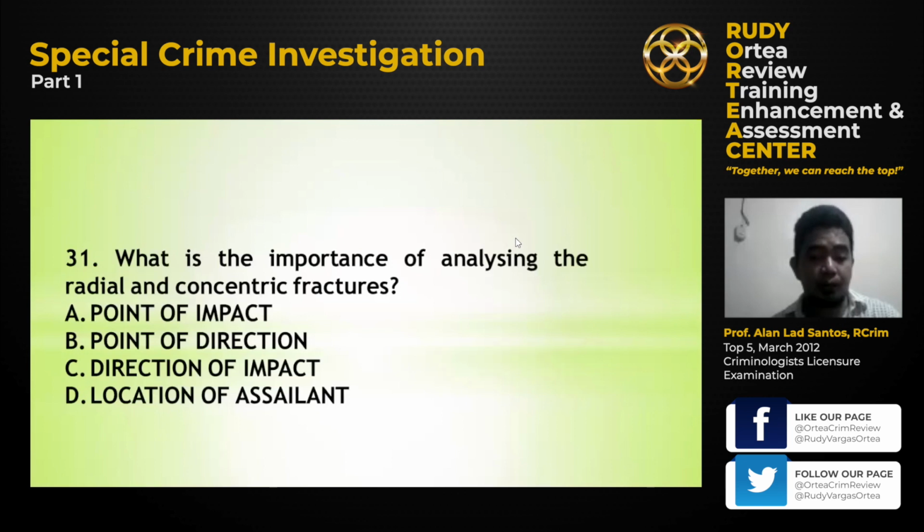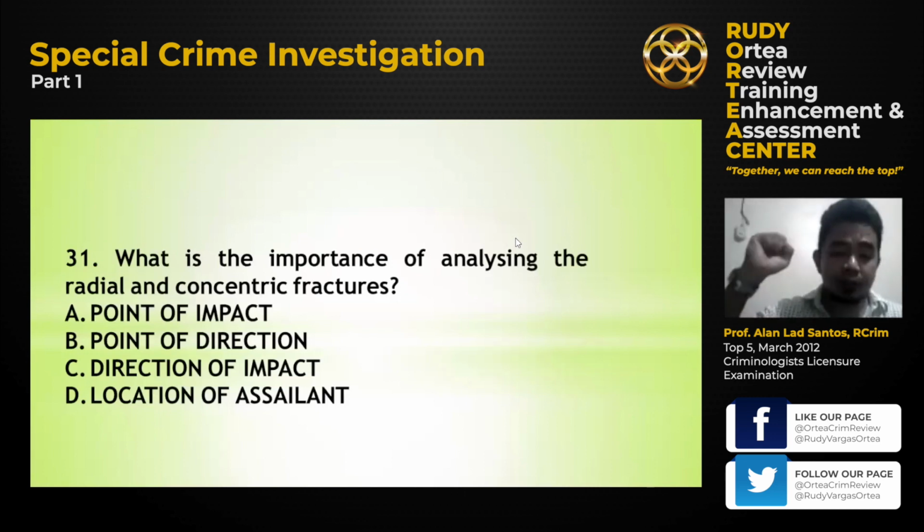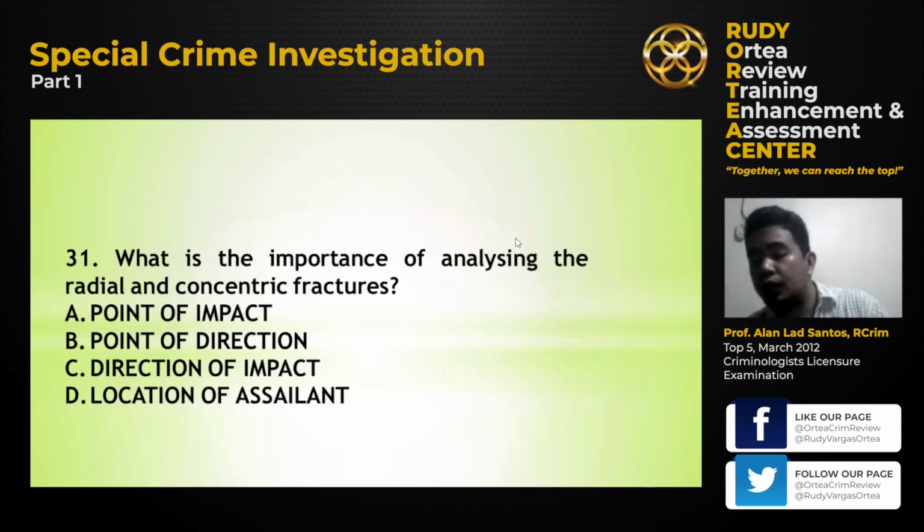Ang ginawa, binasag mula sa loob ng bintana para malito yung investigation, para isipin ng investigador na magnanakaw sa labas ang gumawa, pero hindi nila alam na nasa loob.